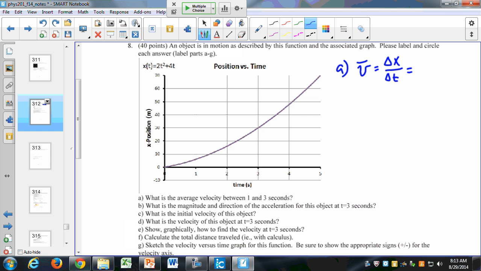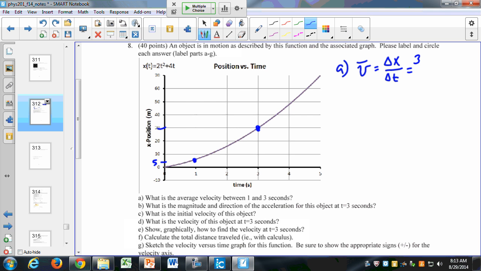Anybody have the average velocity yet? Twelve what? Okay, let's see. So it's just delta x over delta t. That's going to be between 1 and 3 seconds. So that's 30. This looks like it's 5.